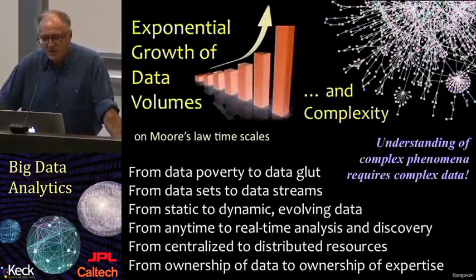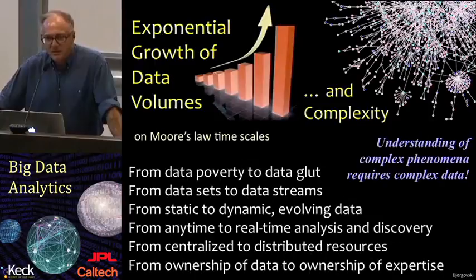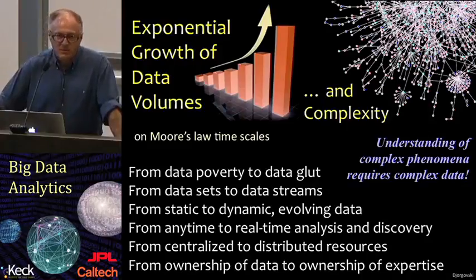So there are some general trends that all sciences are following, worth looking at. First and most obvious is the exponential growth of data volumes, which is why people talk about big data. But a much more interesting part is the growth of data complexity. The informational content of the data has also been increasing, and that's where things get really interesting.